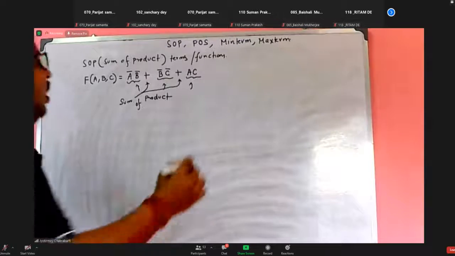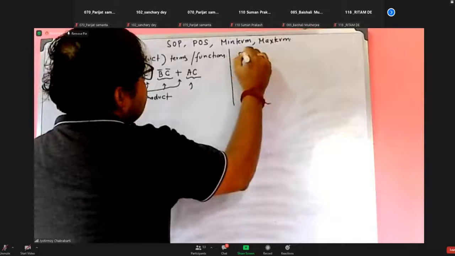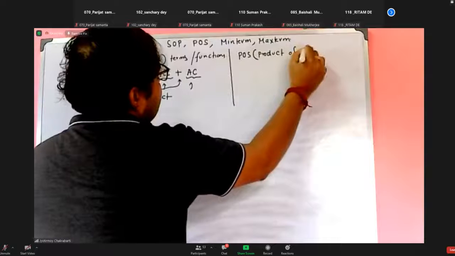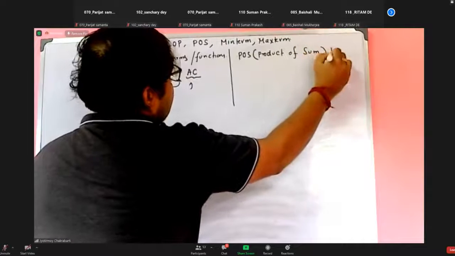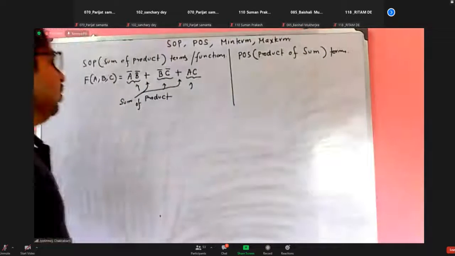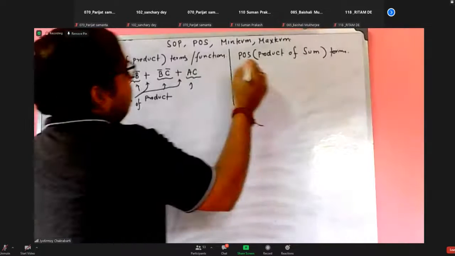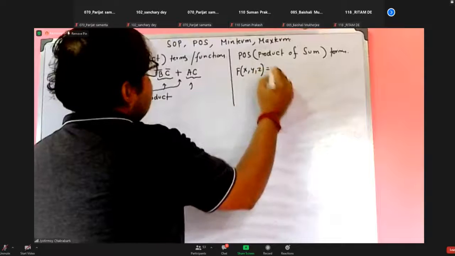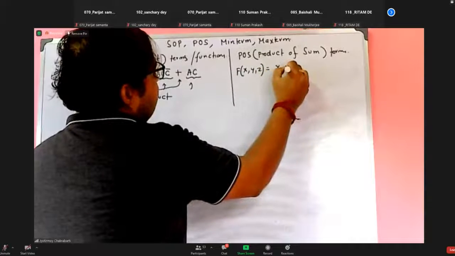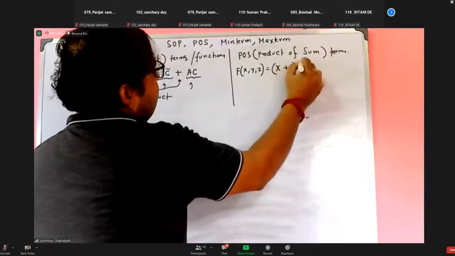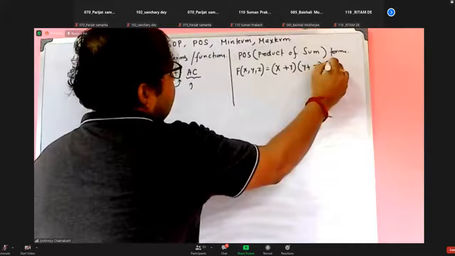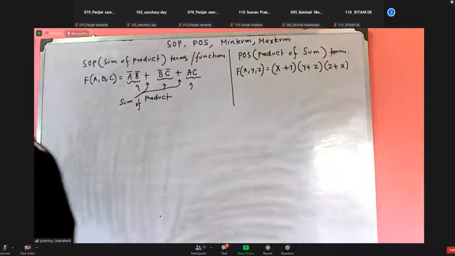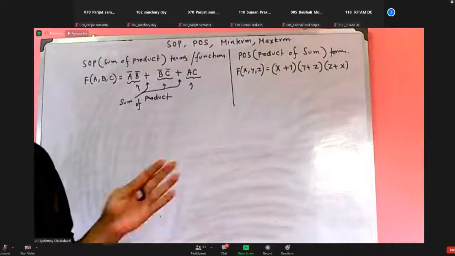Product of sum term, so you can think f of x, y, z is (x plus y) plus (y plus z)... that is, (x plus y) into (y plus z) into (z plus x).